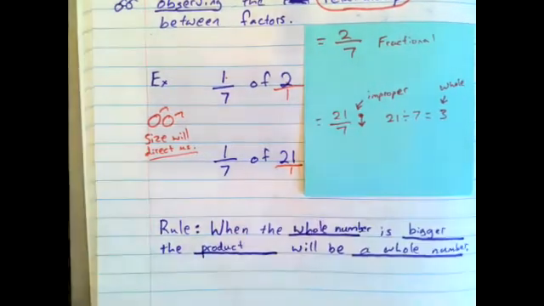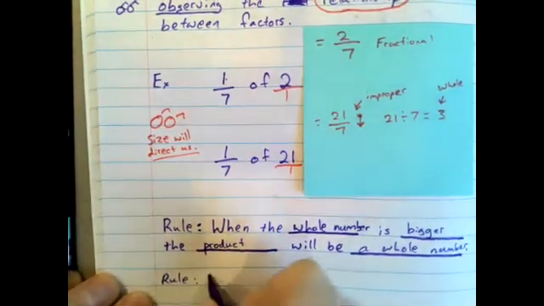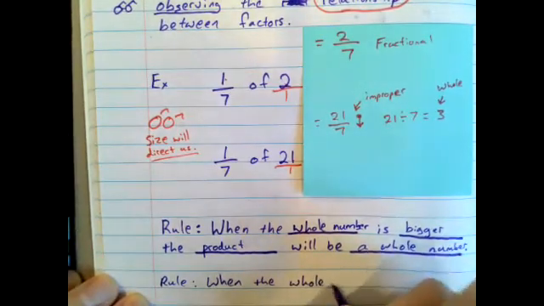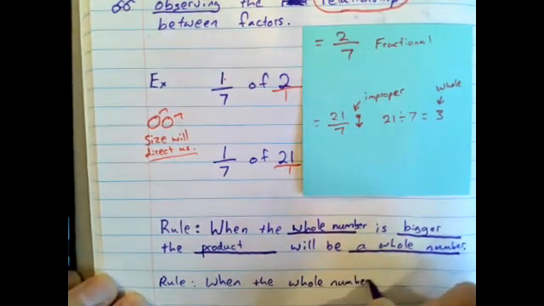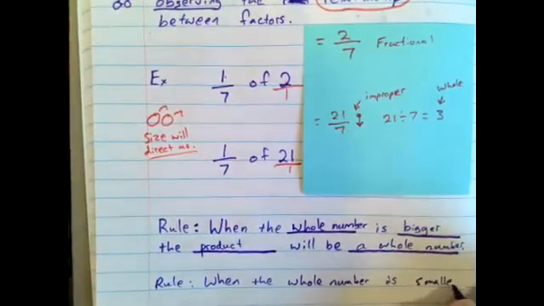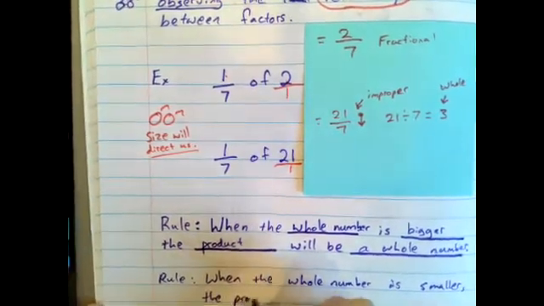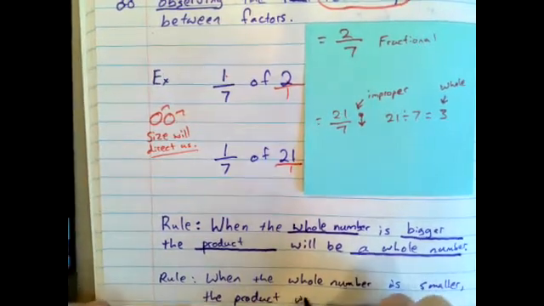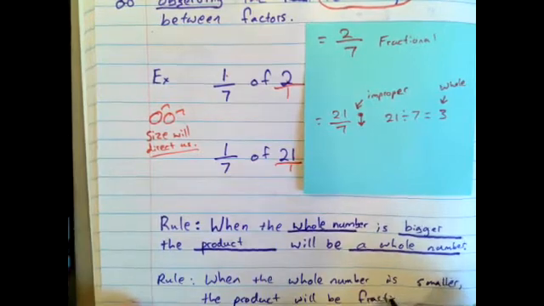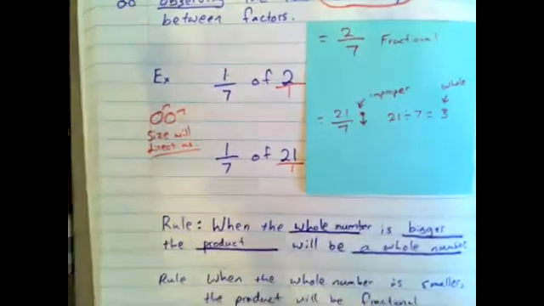Another rule: when the whole number is smaller, the product will be fractional.